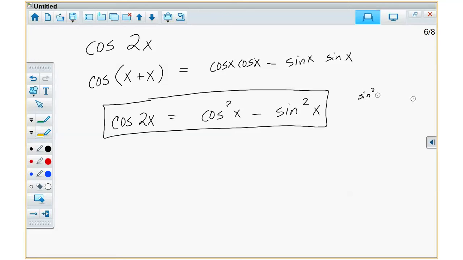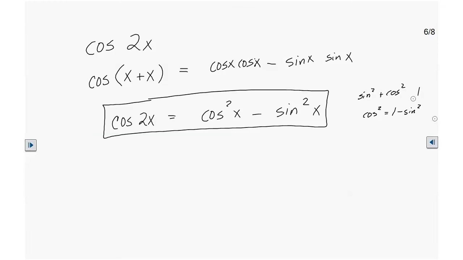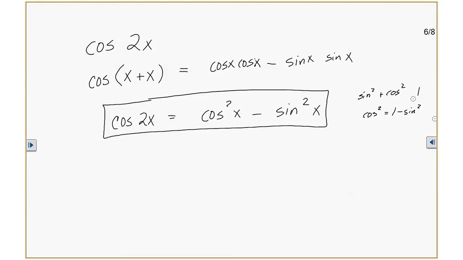So we know that sine squared plus cosine squared is equal to what? So I could make cosine squared equal what? 1 minus sine squared, right? So using our substitution that we learned back in algebra, take that 1 minus sine squared and plug it in for what?